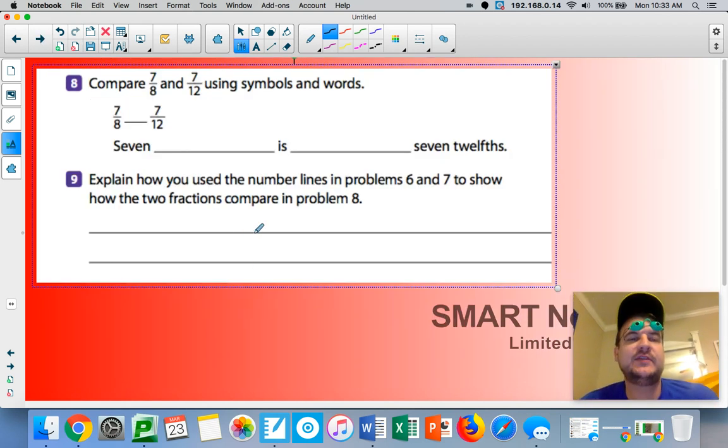Compare 7/8 and 7/12. When the numerators are the same, we look for the smaller denominator. The smaller denominator is 8. So that means the pieces are bigger.